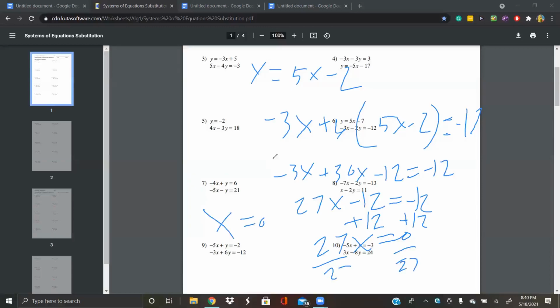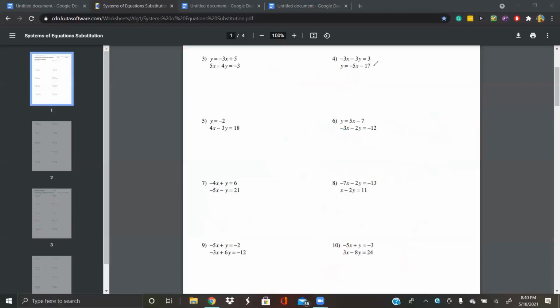And so now we're going to have to find y. We would put in the x, which is 0.